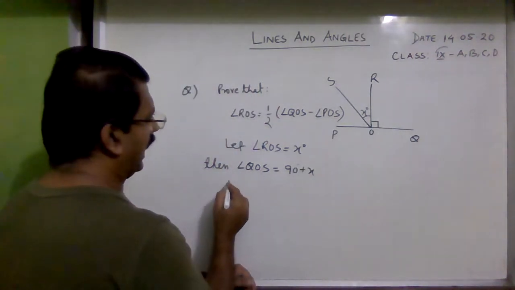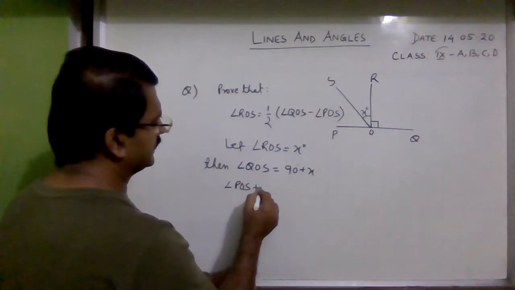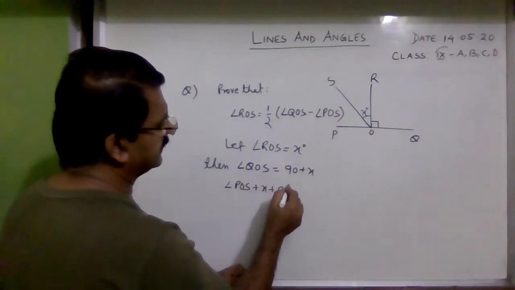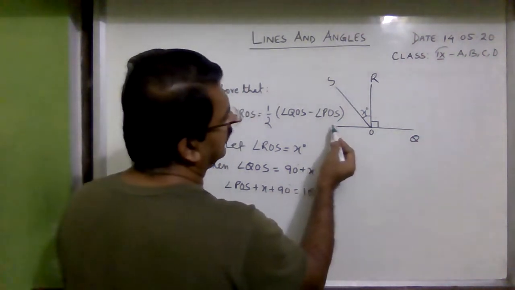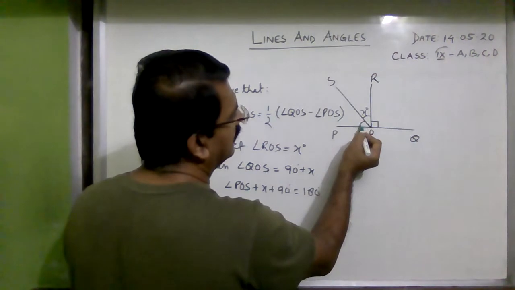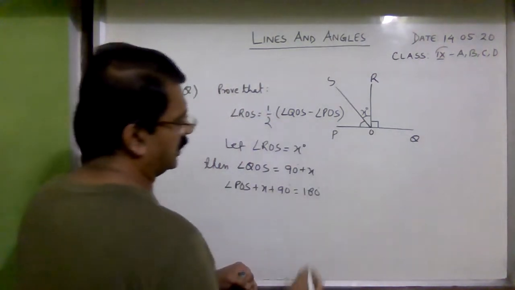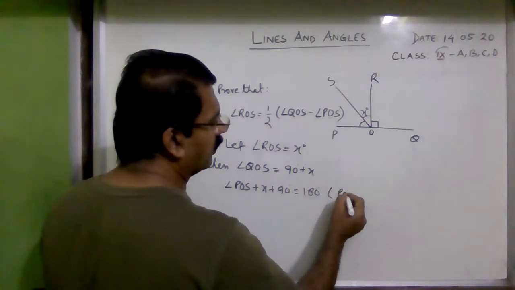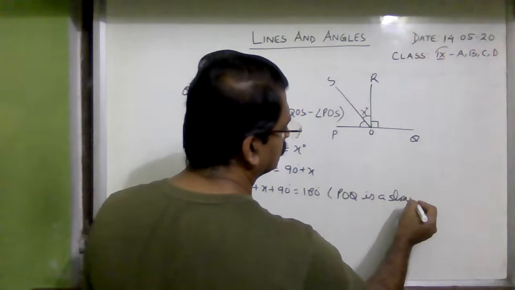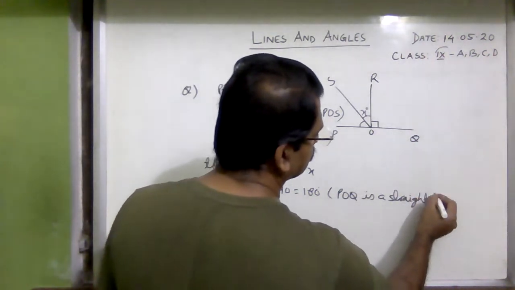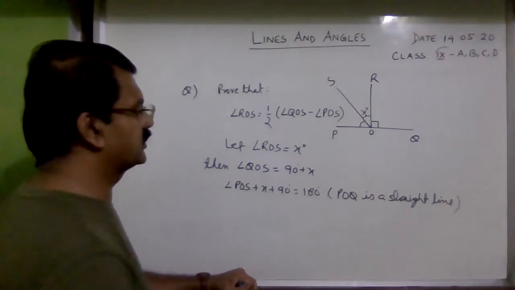And angle POS plus x plus 90 is equal to 180 because POQ is a straight line.